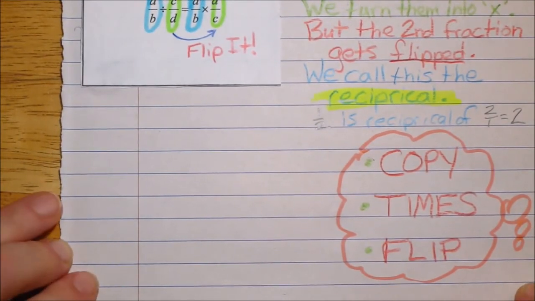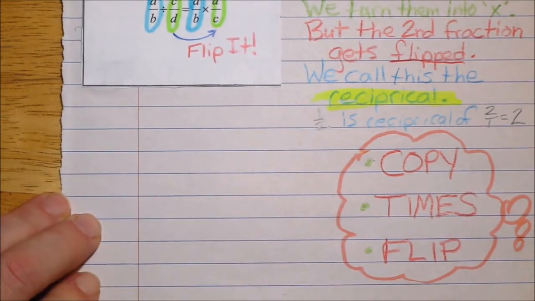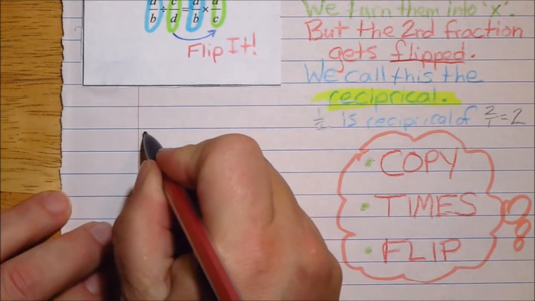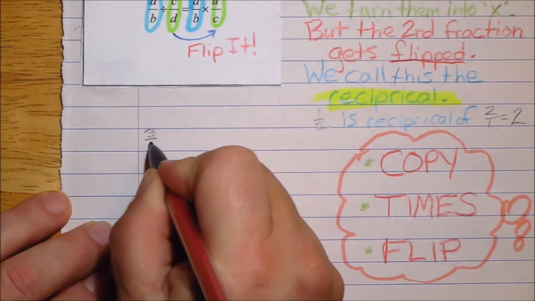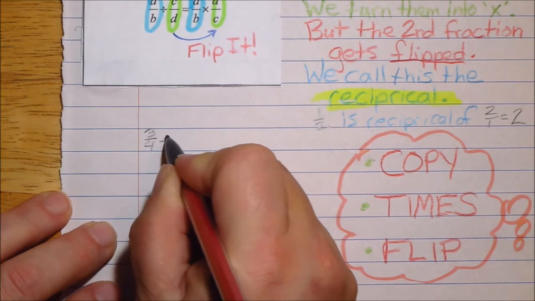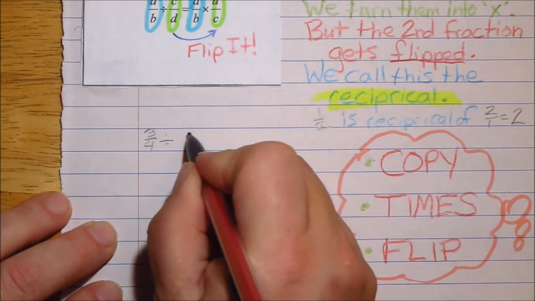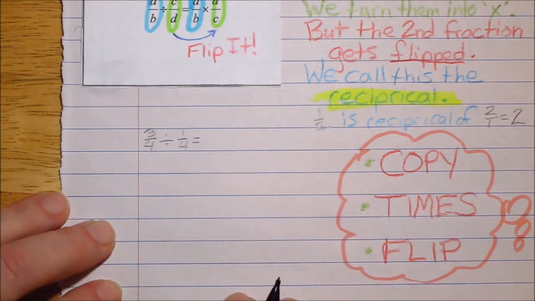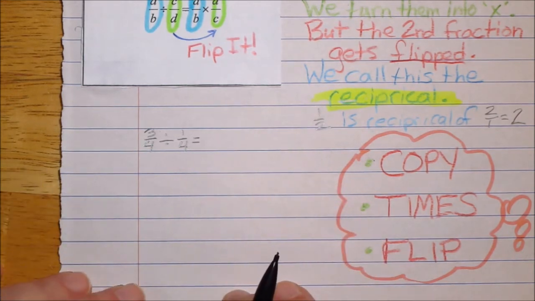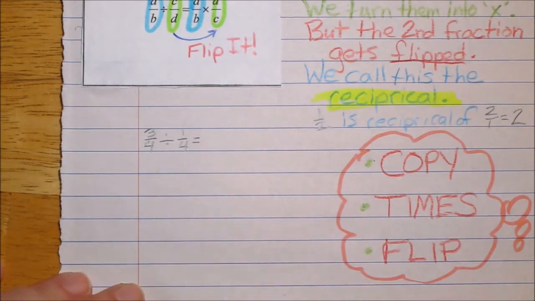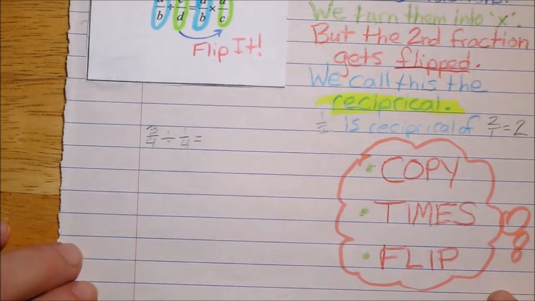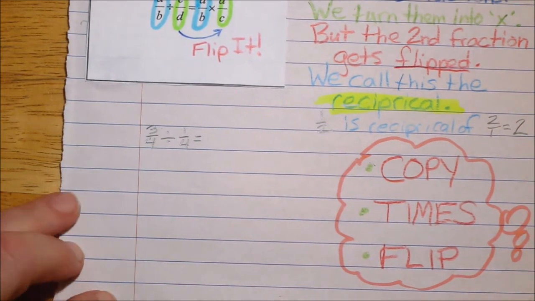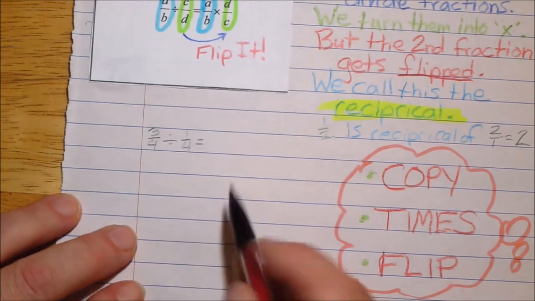All right, so first one we will start with is 3/4 divided by 1/4, okay? Now, we can't actually divide 3/4 by 1/4 as it stands. First, we have to copy the first fraction as it is.